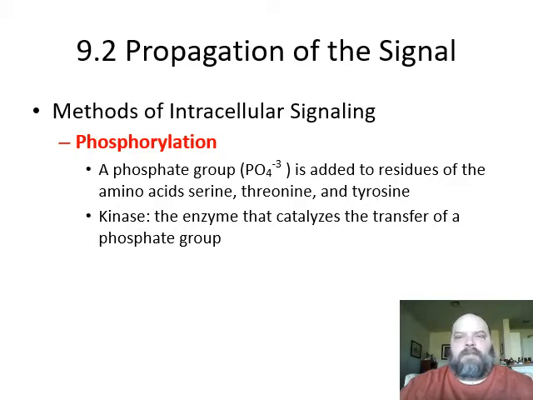It has to be a specific one at a specific area within the tertiary, quaternary structure of the protein to activate it. So we see that the residues are going to be serines, threonines, tyrosines, specific ones in a specific point within the protein.